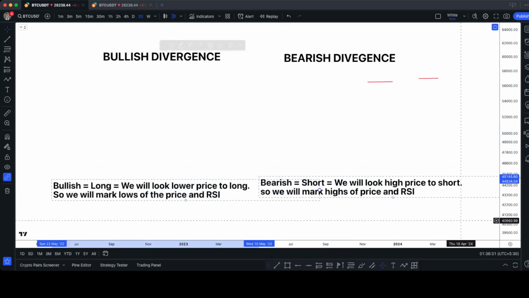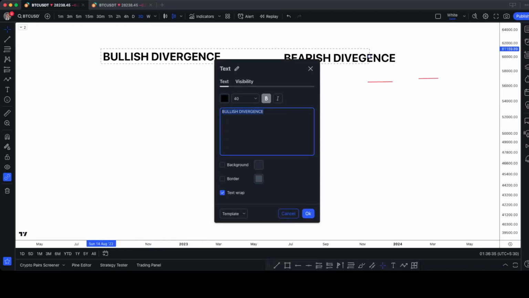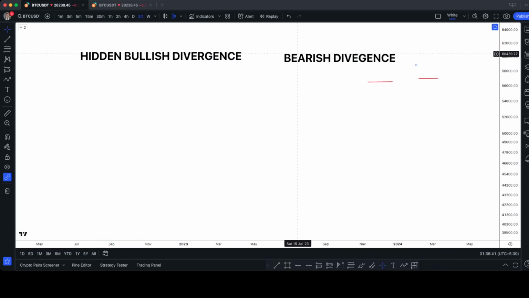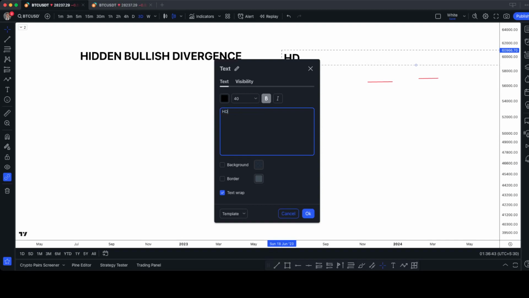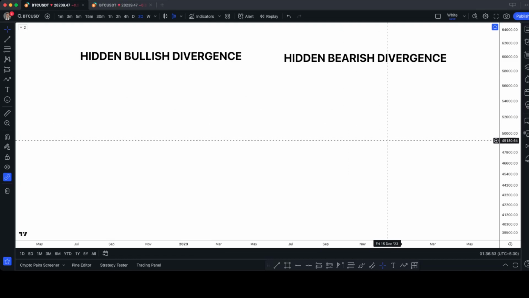Now I'll just mark hidden bullish divergence here, and hidden bearish divergence. So again, these are not that effective, but it's important to know them.